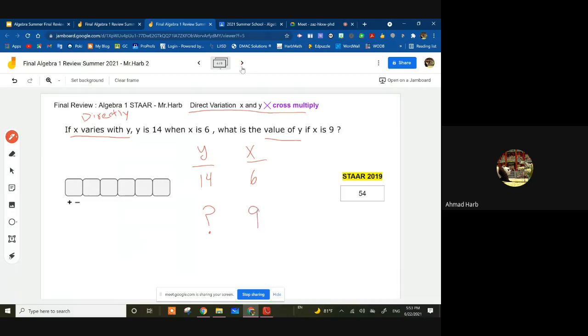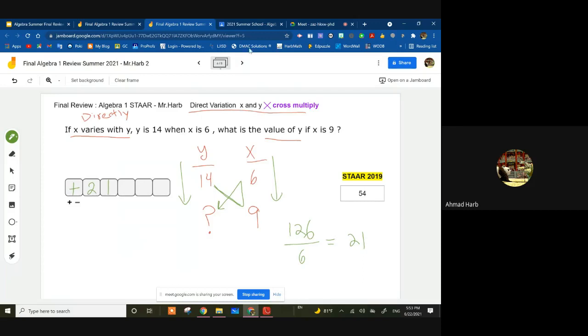So you notice the x is under the x and the y under the y. And in this case, once you arrange them, you're going to cross multiply, multiply across and divide, which gives you the question mark. So 14 times 9 divided by 6. 14 times 9 is 126, divided by 6. That gives you the answer, 21. So you put positive 21.